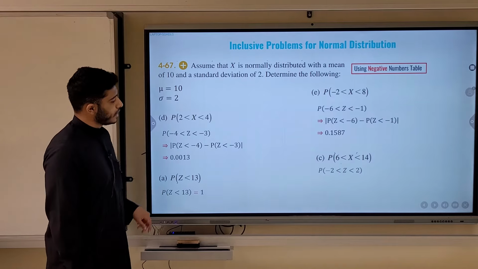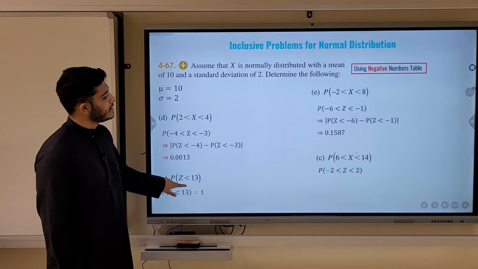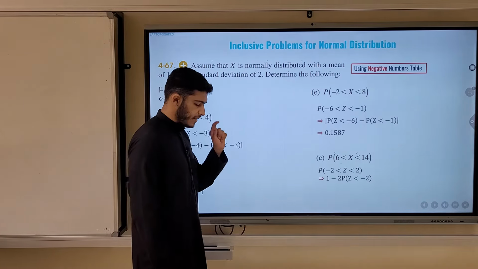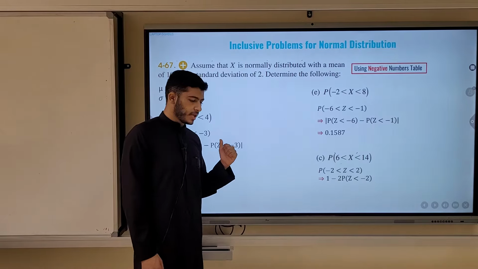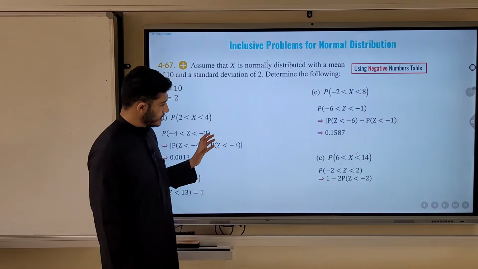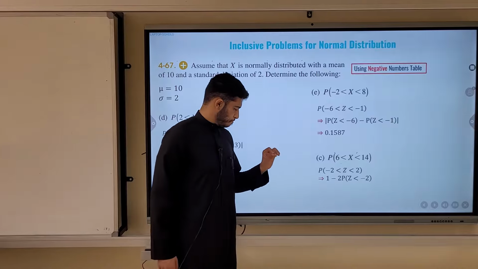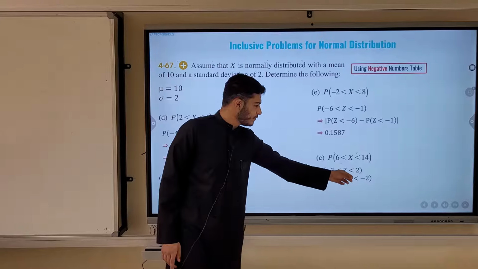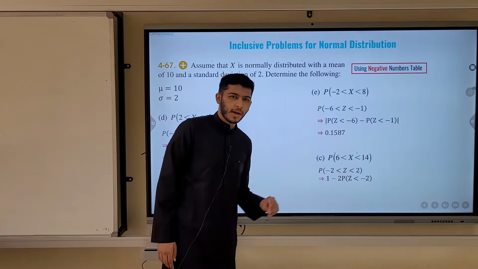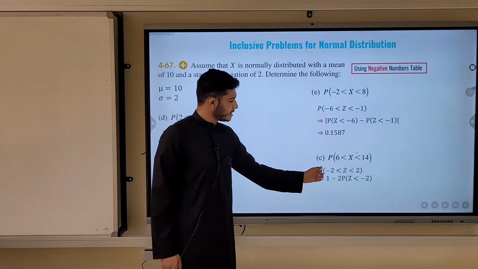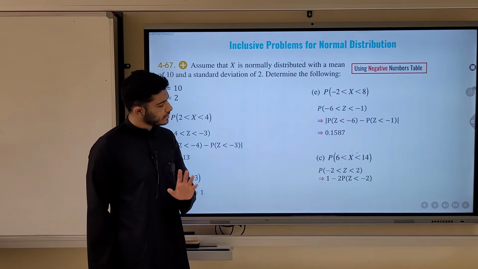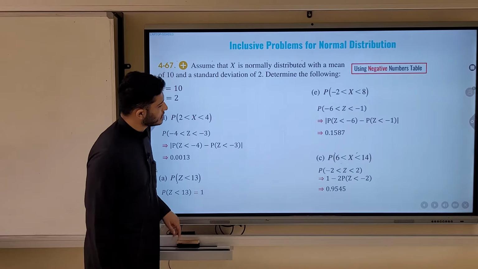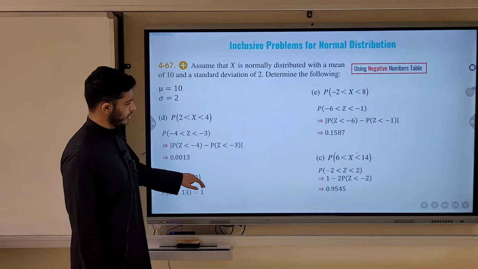Now the last one, we standardize first, then we use one of the properties that we have seen in the previous slides, where we can use the symmetry property in order to find the probability to be like this, where we can just find one probability of -2 instead of finding this and then subtracting it from this, and doing all of these procedures. You don't need to go through all of this headache. You can use the properties of symmetry and you end up with the answer like this, inshallah.